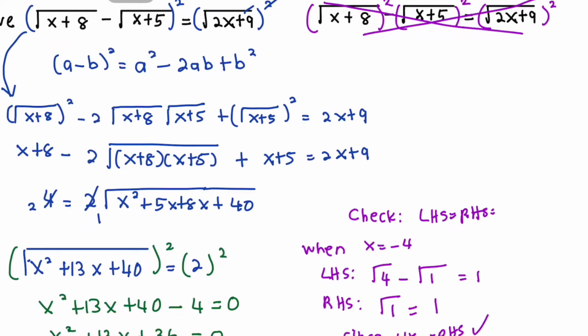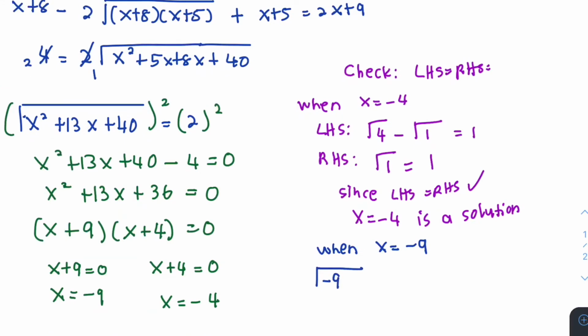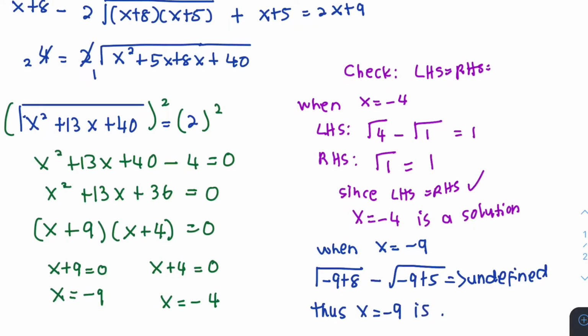So negative 9 plus 8 minus negative 9 plus 5 will basically give you undefined. It is undefined in the real world, but it can be solved in complex. But we want the real solution, so it will be undefined. Thus, x equivalent to negative 9 is not a solution.